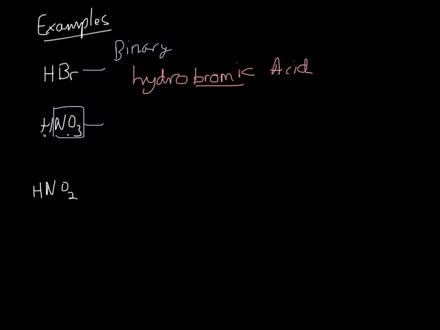Well, that guy right there is nitrate. Okay, it's got an ate at the end, so we need to add an ic at the end. So to name this acid, we're going to do nitrate, but ate's are replaced with ic, so we have nitric, and we have acid. That's all there is to it.